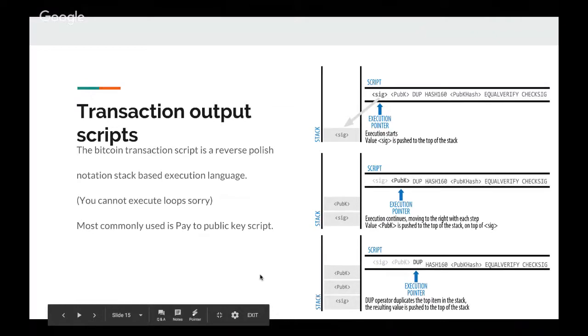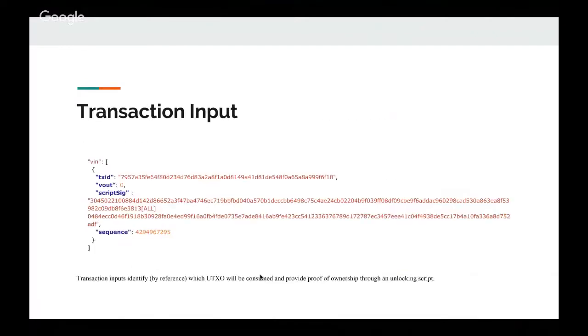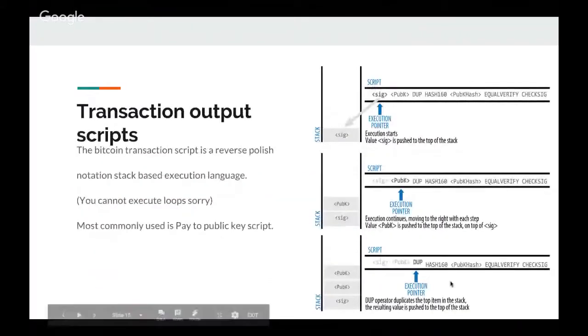I think it got curtailed, but okay. So then there is a hash computed for this duplicated public key. So then you will have a hashed duplicated public key, then a public key hash will be put on this stack.